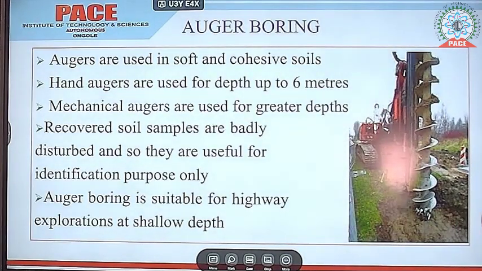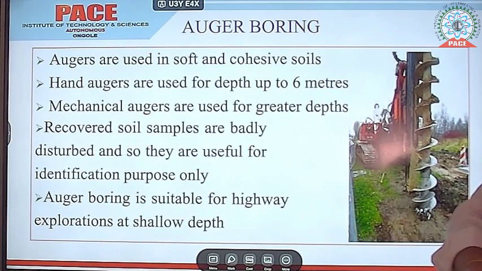Coming to auger boring, mainly the augers are used for soft and cohesive soils. Hand augers are used for a depth up to 6 meters, and mechanical augers are used for greater depths.